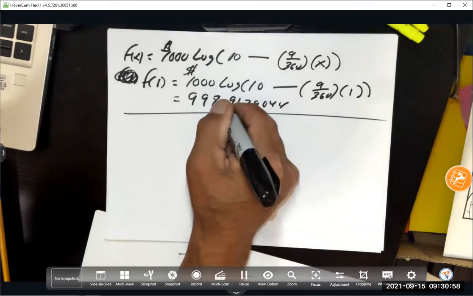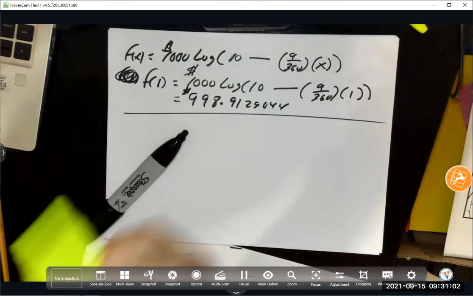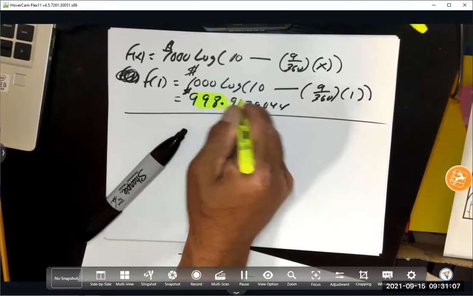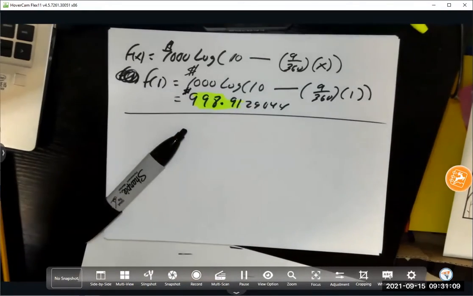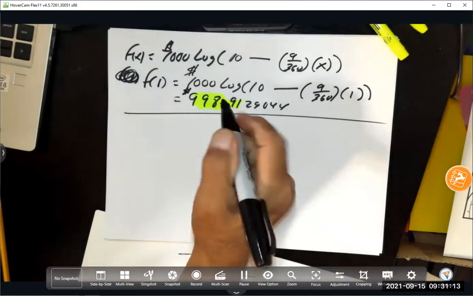Okay, so all I really want to know is this part right here. So right now, as soon as I send one payment to the credit card people, they say, you know what? You still owe us $998.91. So we only give you credit for a little bit. Does that make sense? That's fine.